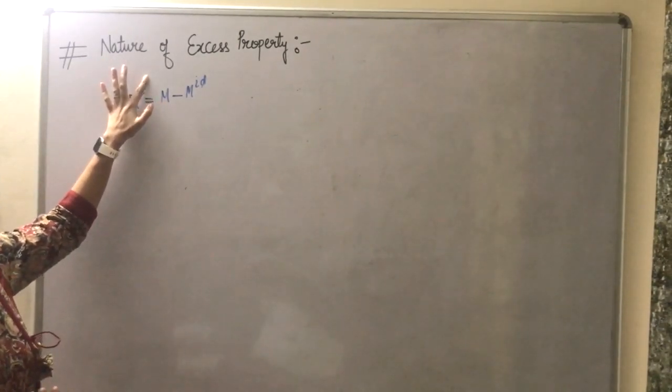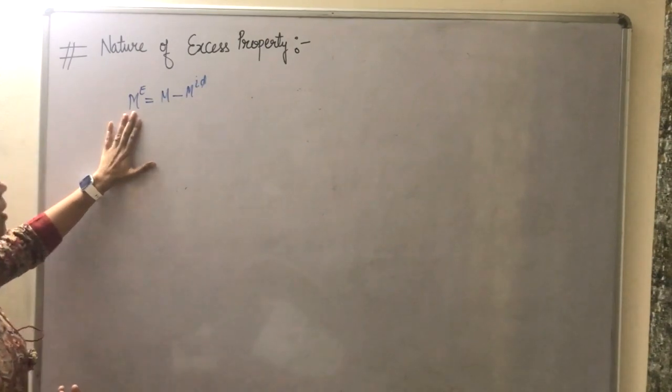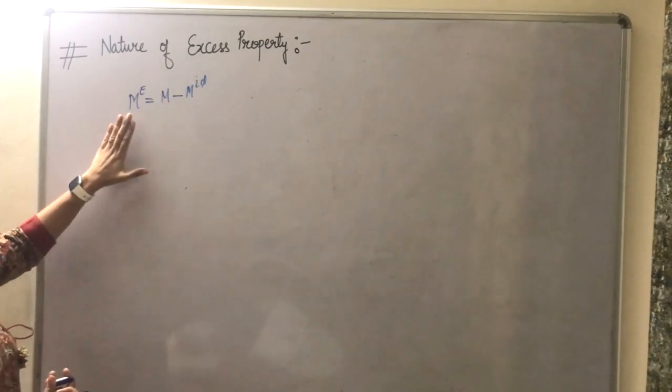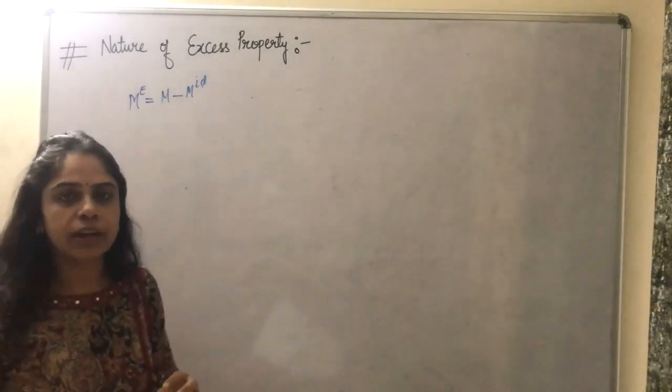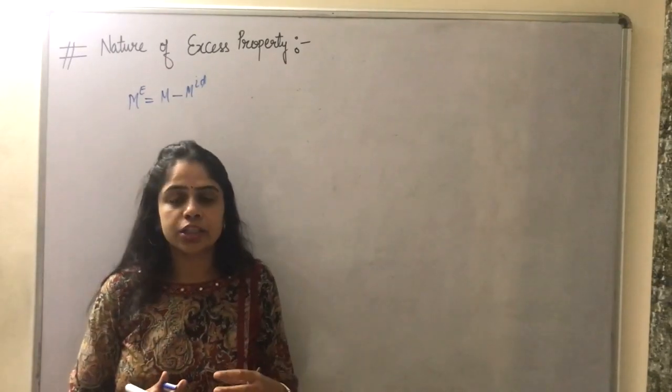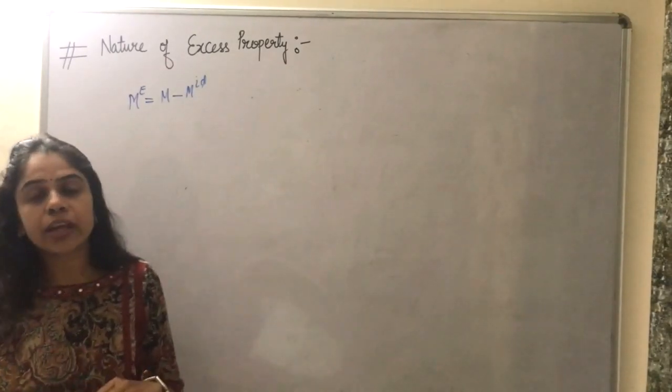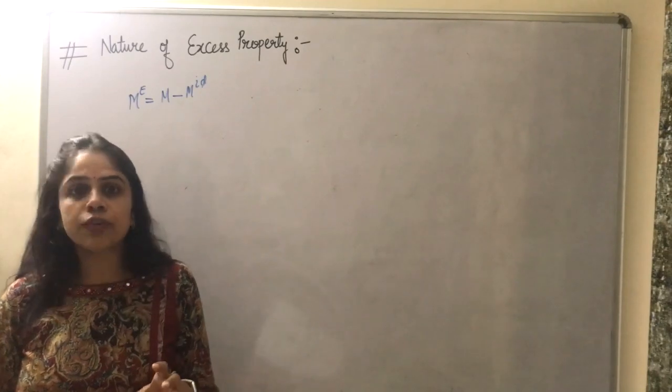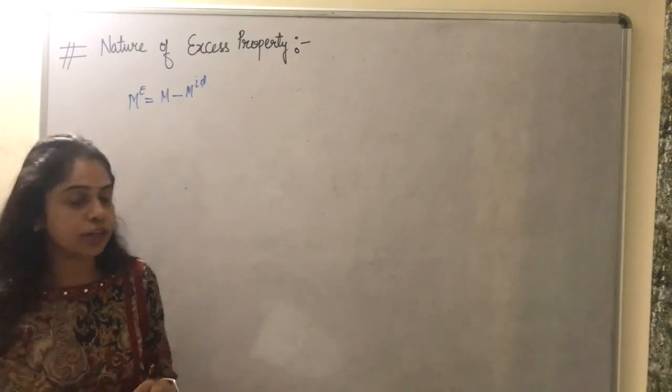Excess property, right? So excess property जो information है in chemical engineering and chemical engineering processes, we usually consider Gibbs free energy as a generating function.